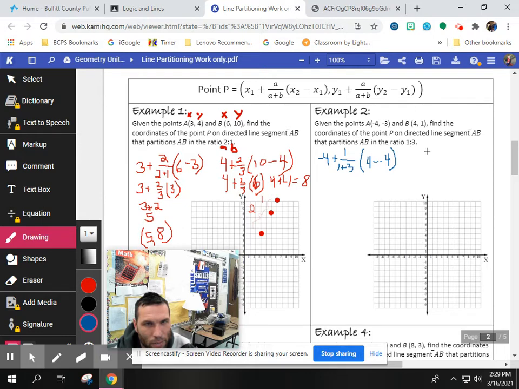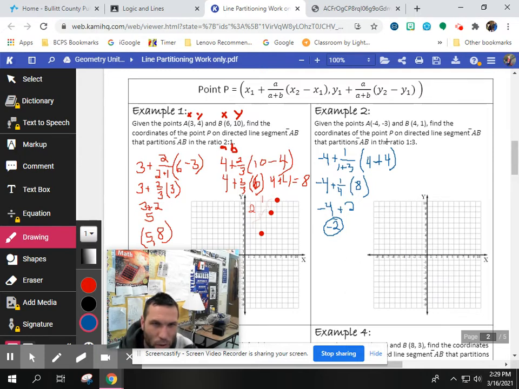So it's -4 plus 1 over 4. Just combine the denominator. And 4 minus -4 is the same as saying plus, so it's 8. 1/4 of 8 is 2. So -4 plus 2 is -2.